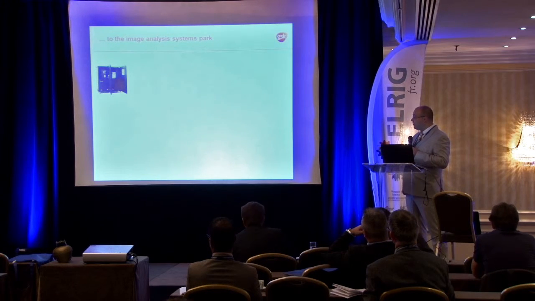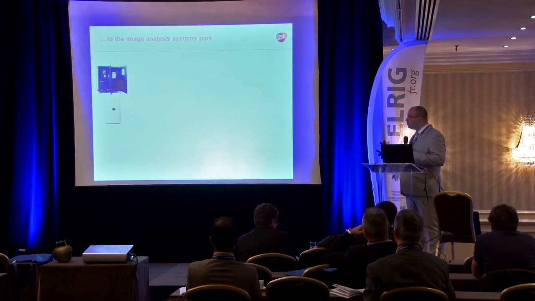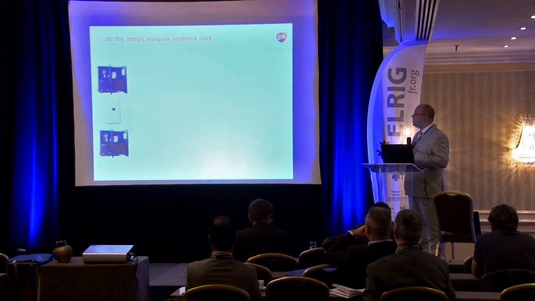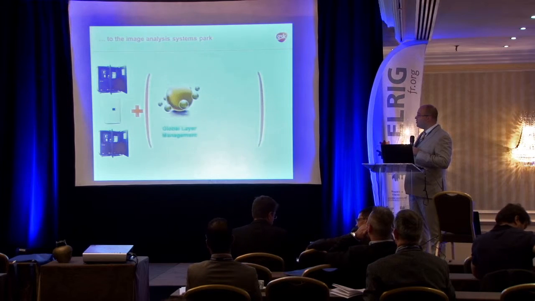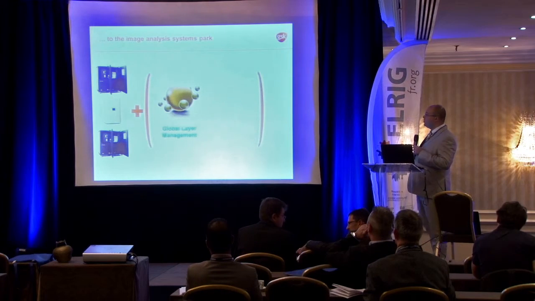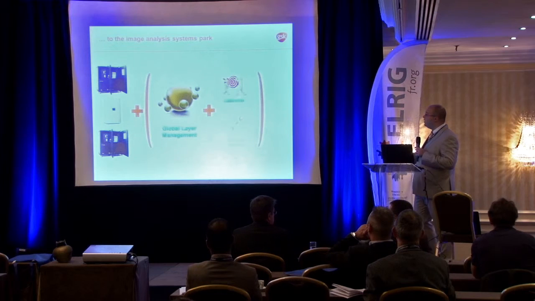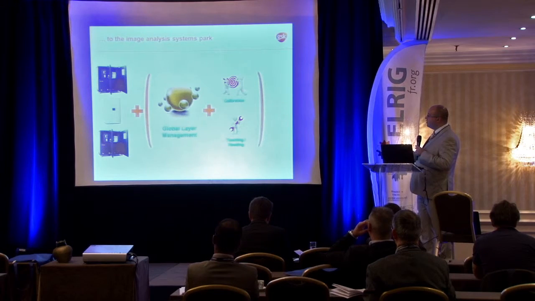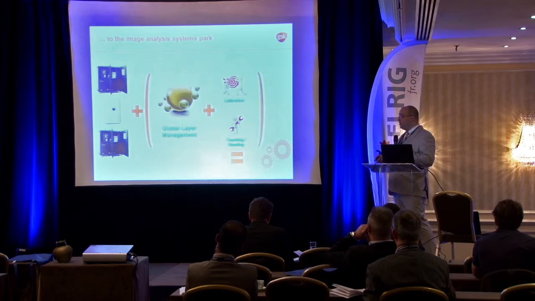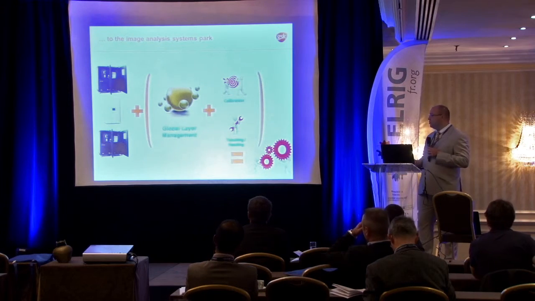You can have one type of system, but you can have different types within the same automation park. In front of all the systems, we added a global layer manager with the two specific tools I mentioned in the agenda: first, the calibration, and the teaching and reading. When you take the complete solution all together, you have a very well working solution.